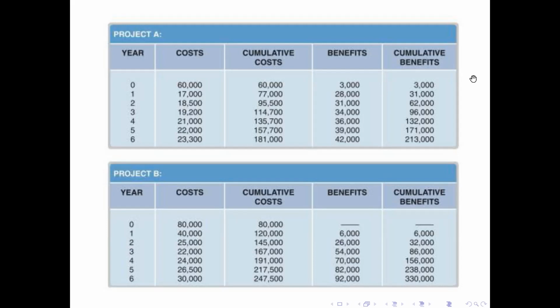Yes, again, you can look for the years. For example, cumulative cost is 80,000, no benefits, 126,000, 145, 32,000, 167, 86,000, 191, 158,000. Okay, somewhere here it's exceeding, right? So again, between 4 and 5.